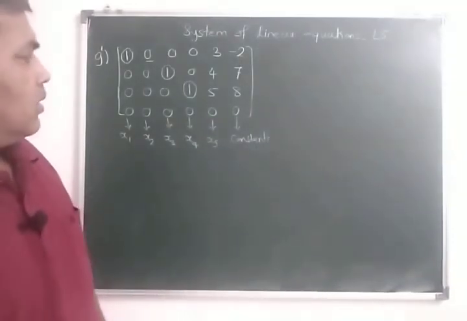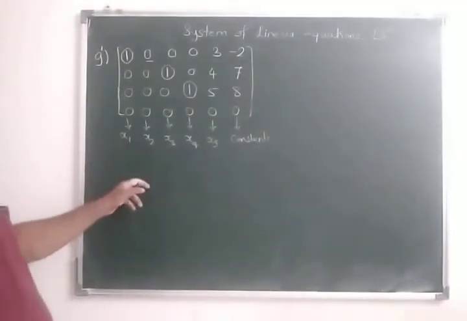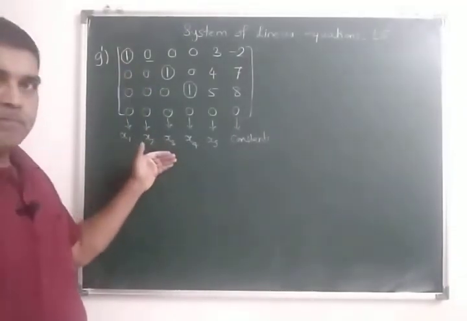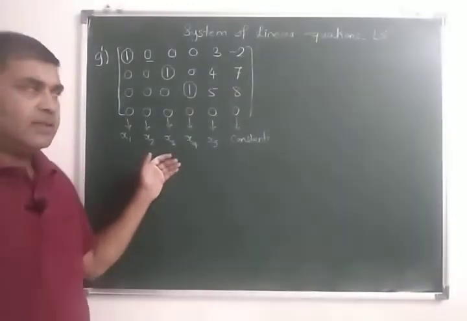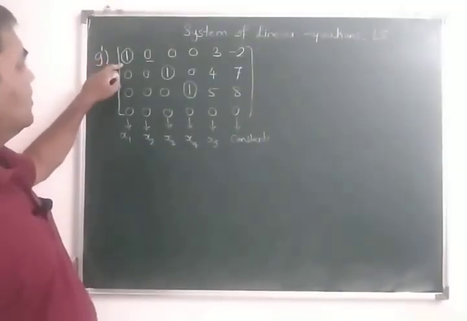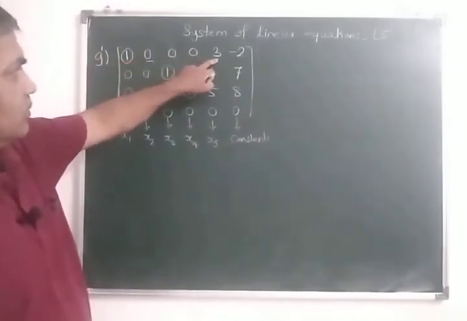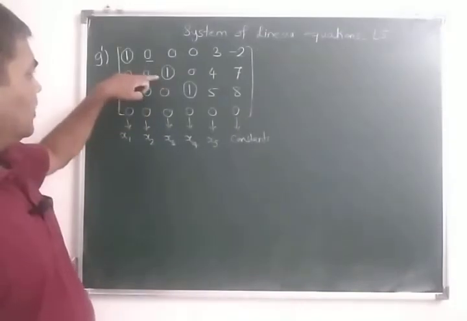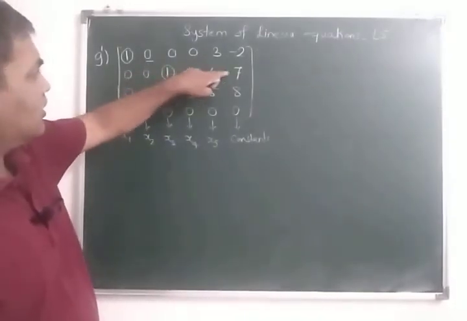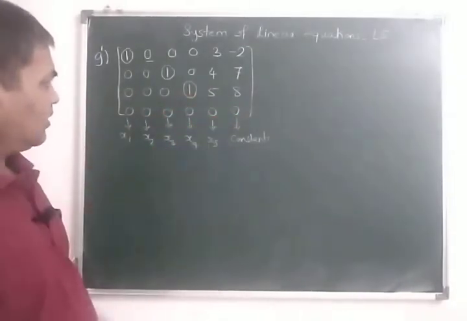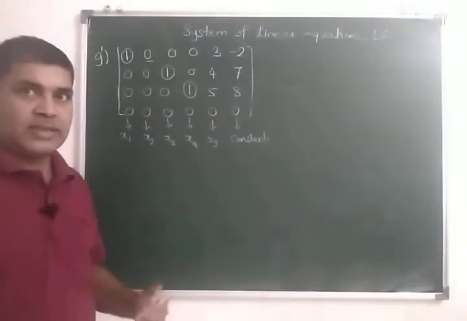Now, if you don't identify x2 to be a free variable, if I write firstly reduced system here, then I get the system x1 plus 3x5 is minus 2, x3 plus 4x5 is 7, x4 plus 5x5 is 8, and x2 variable doesn't occur there.